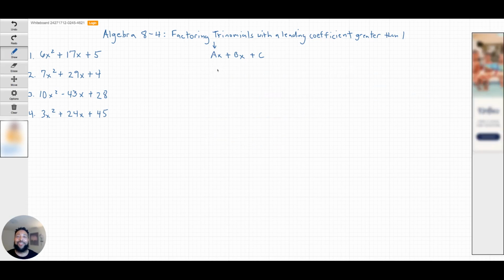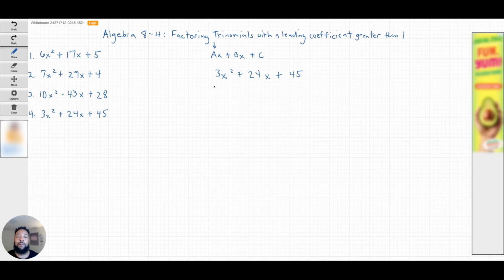All right, our last problem for this section is 3x squared plus 24x plus 45. Now, this is a little bit of a tricky one because we see here there's a 3 leading coefficient other than 1. But what else do we notice in this problem?